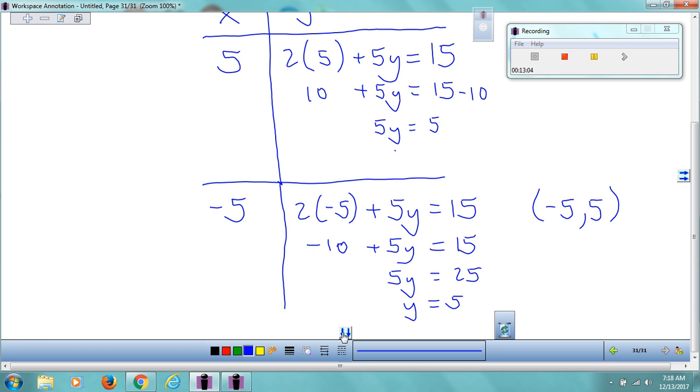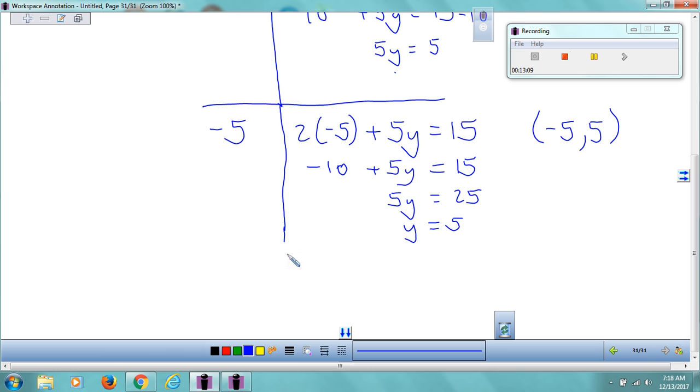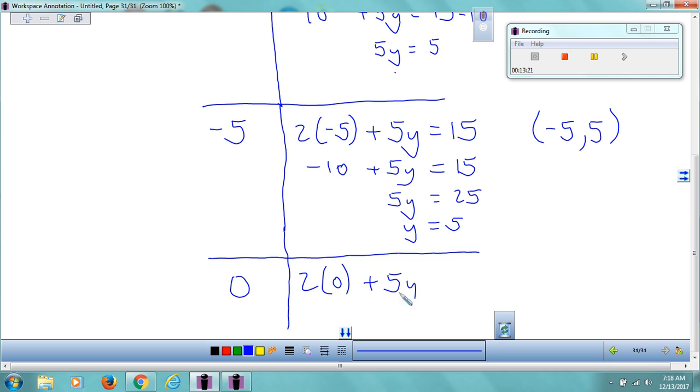All right, our last value that we're going to plug in, and I would always recommend trying this number because it's the easiest one to work with, is 0. Get in the habit of plugging in 0. It doesn't always give us something nice, but at least the math is simple, because when you plug it in, it makes that expression go away. Wherever we plug it in, 2 times 0 is going to be 0.